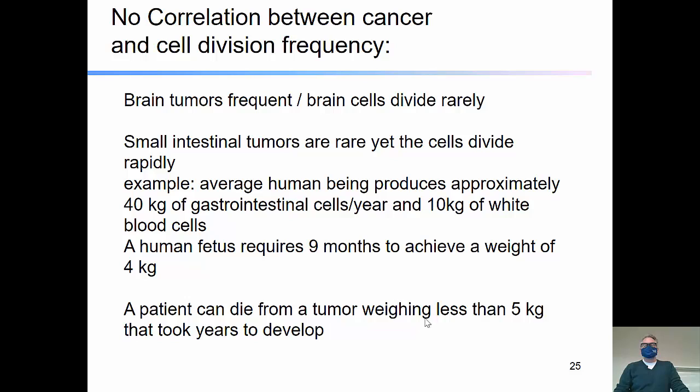There's a couple of other things here: people can die from a tumor weighing less than 5 kilograms, actually significantly less than 5 kilograms. And again, the earlier we detect these, the higher the likelihood is of a successful intervention.